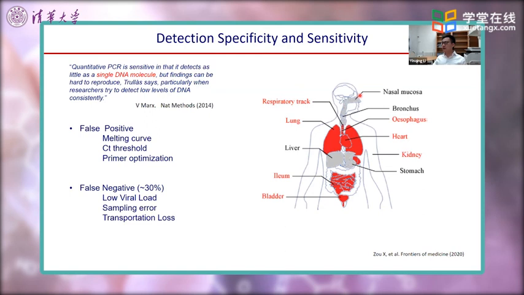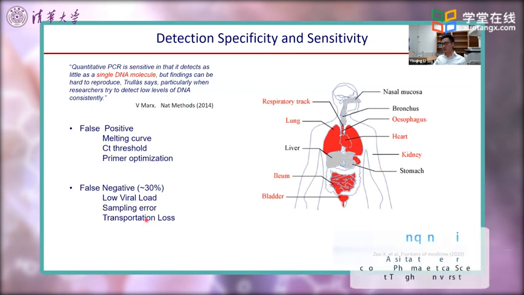But we know that we primarily sample the upper tract, and we get a much lower load because of this. And during sampling, sometimes we can even miss the target or get very little viral sample if the person is not very proficient at doing the sampling. And so we can get sampling error.